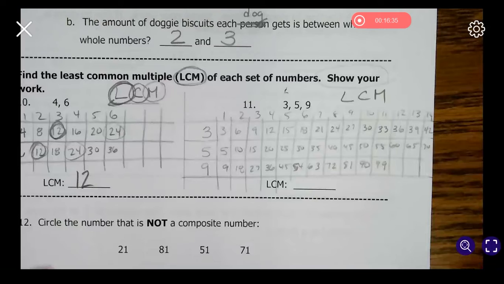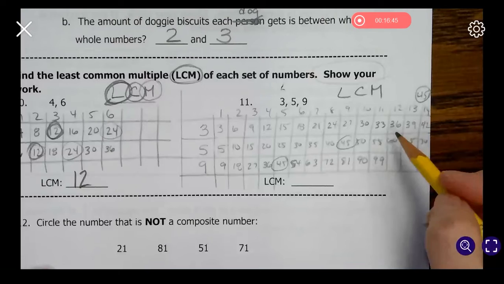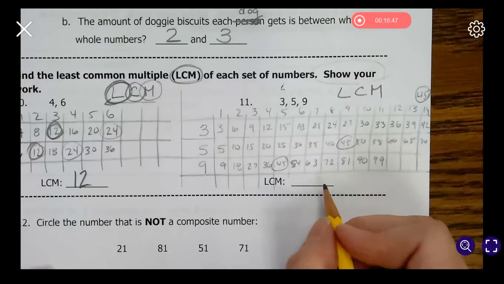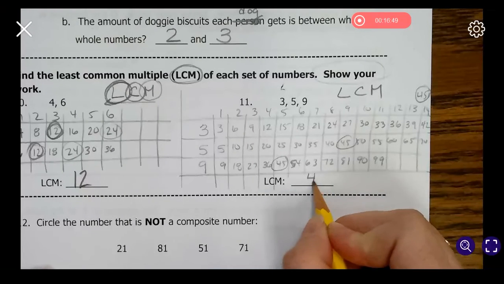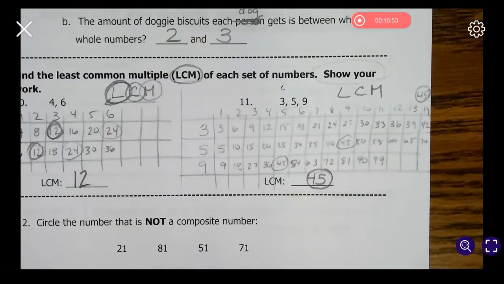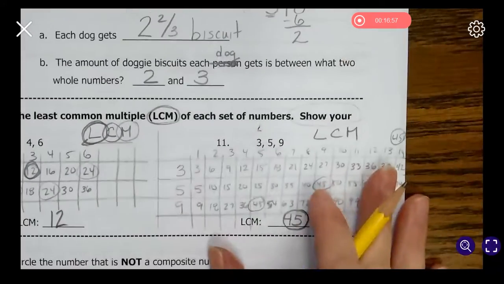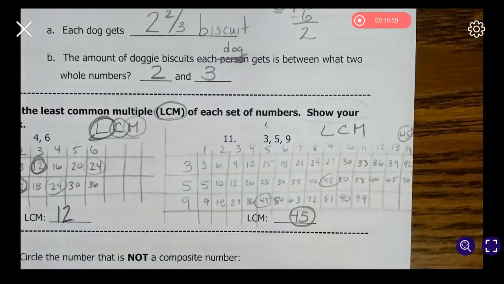Okay, now here I have 45 and then 45, so the answer would be 45. Okay, next, 12. That was a longer answer, but you could do it.